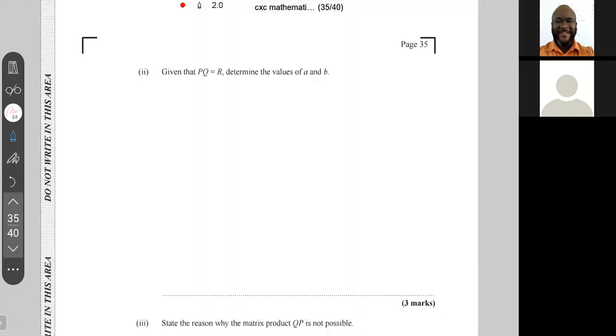Where it says, given that now PQ is equal to R, we're asked to determine the values of A and B. So PQ, what is it again? P is -1, 5, 2, 0. One of my memory is that good. Well, it's only 4 numbers.